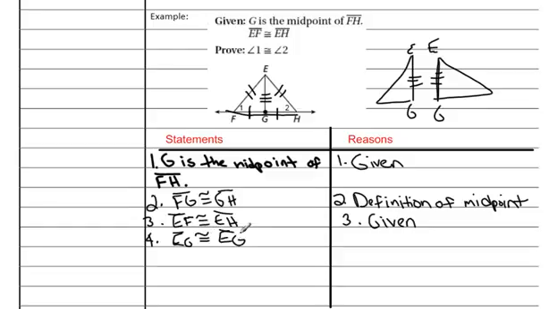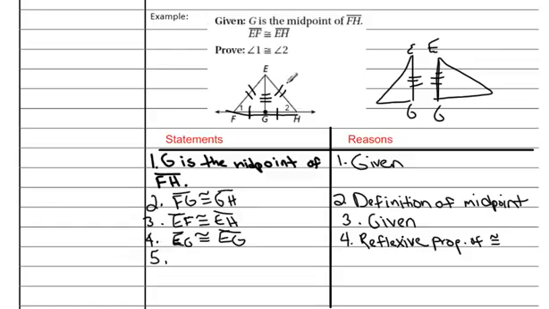So we marked side EG congruent to EG, and because we have exactly the same thing on both sides of our congruency symbol, we call this the reflexive property of congruency. And I'm just abbreviating it, reflexive property of congruency.